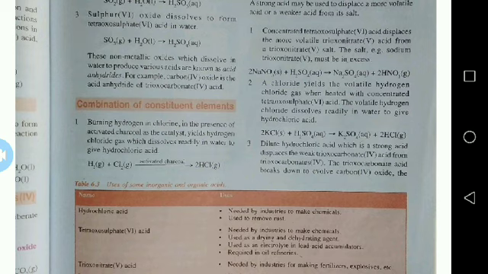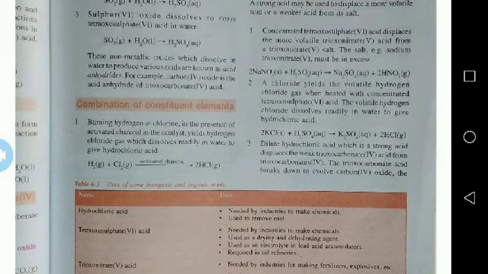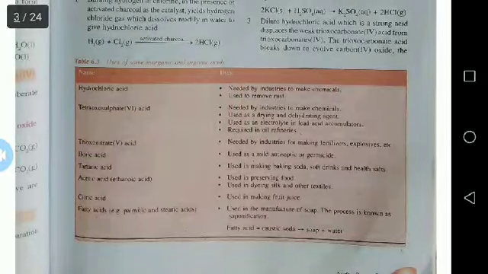Let's carry on. Now, uses of acids. You can look at the table here that summarizes the various uses of acids. Number 1, hydrochloric acid: needed by industry to make chemicals.